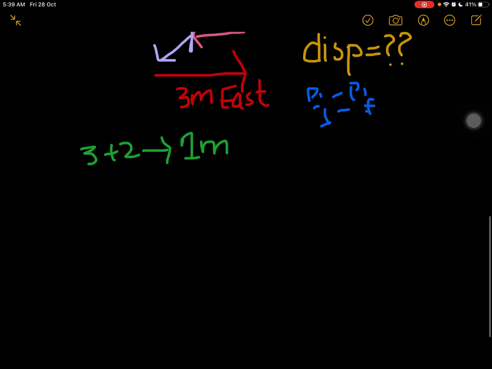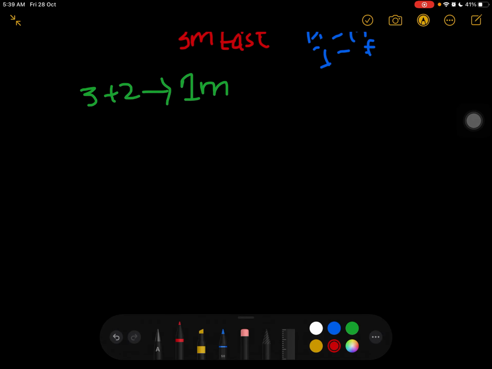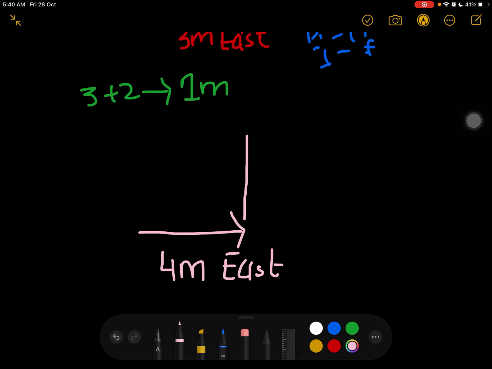But now what if a girl is moving, first of all, 4 meter in east, right? Then she is moving 3 meter in north. Now what will be the displacement?